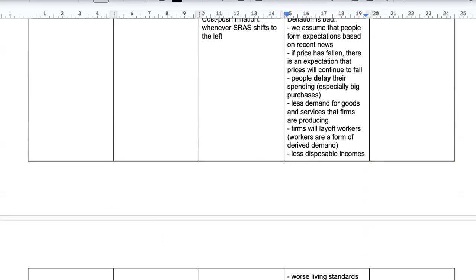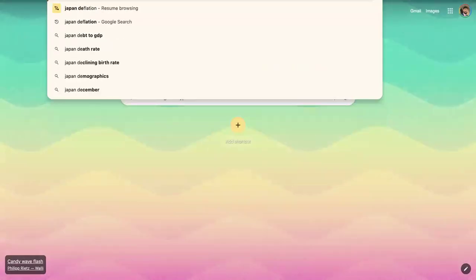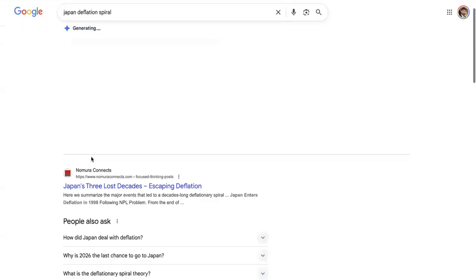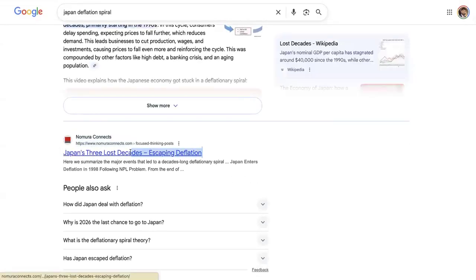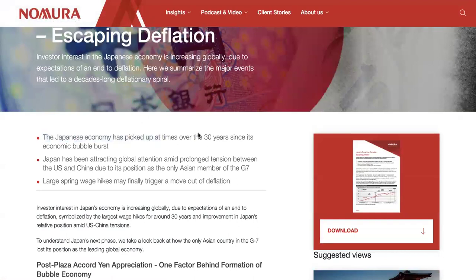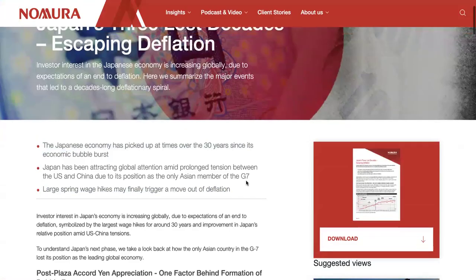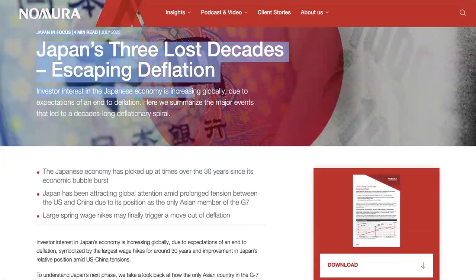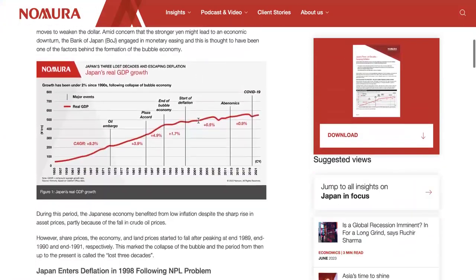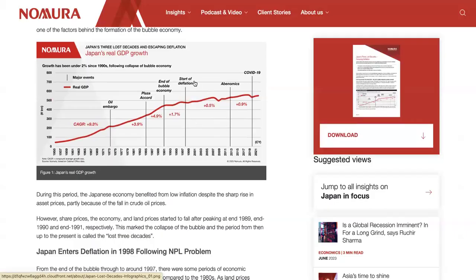Cool. So Japan. Japan's 3 lost decades. The Japanese economy has picked up at times over the 30 years, but they've been on and off having 30 years of a deflationary trap.